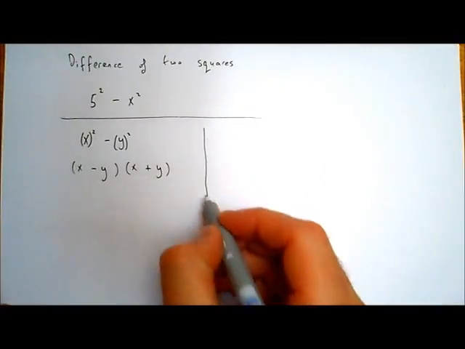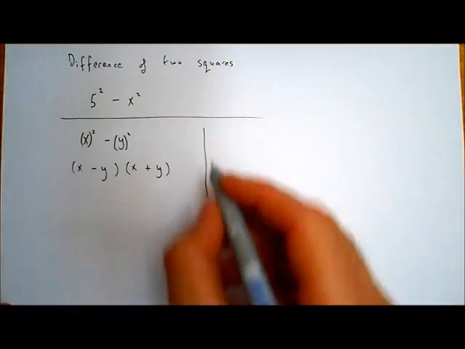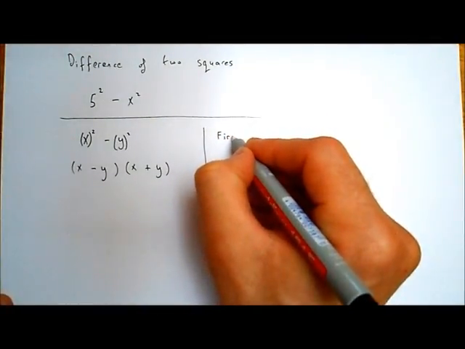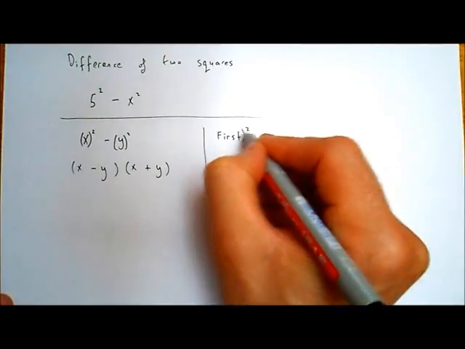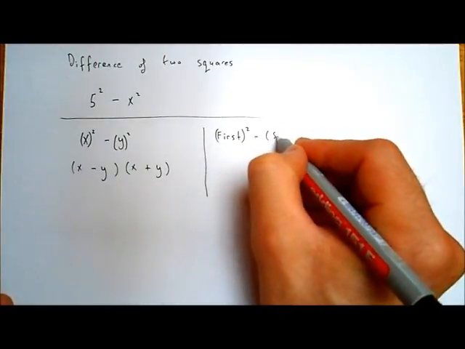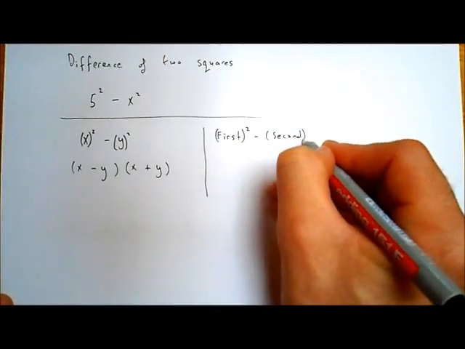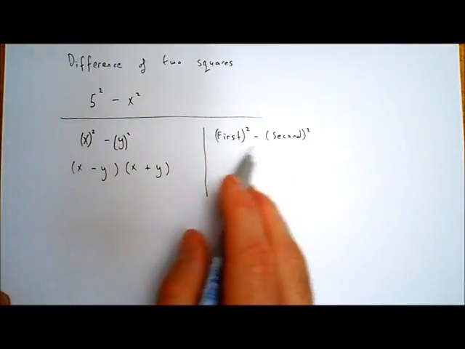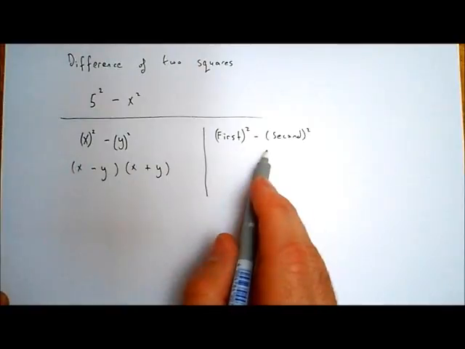So in general, if you want to factorize the difference of two squares, if I've got the first squared minus the second squared, it makes it a little bit easier when you do harder ones if you put it in brackets like that.